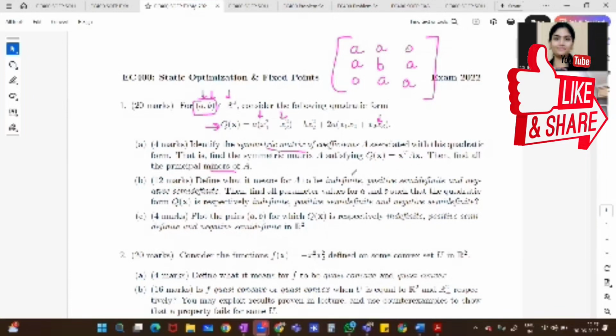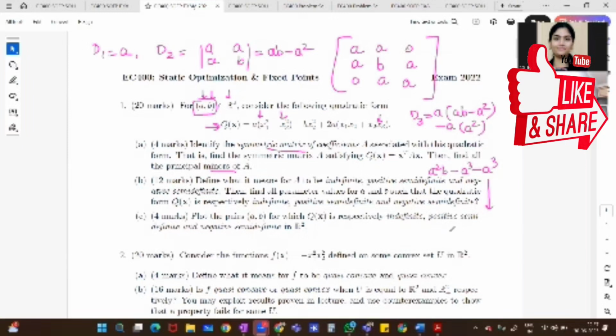D1 is a. D2 is going to be AB minus a square. D3 is going to be a into AB minus a square minus a into a square. A square B minus a cube minus a.